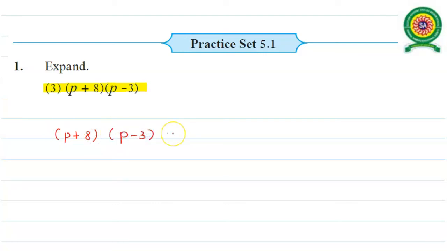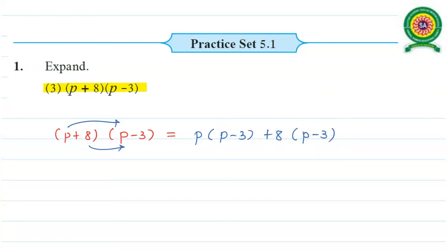We have to expand the given two brackets. For that, let us distribute p over the second bracket and +8 over the second bracket, so we get p(p - 3) + 8(p - 3).